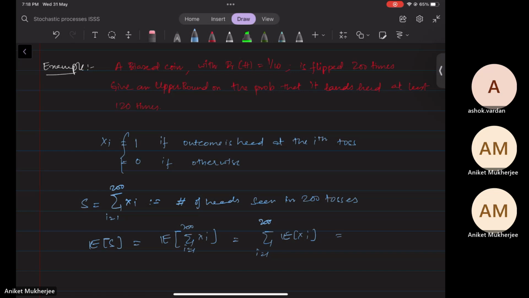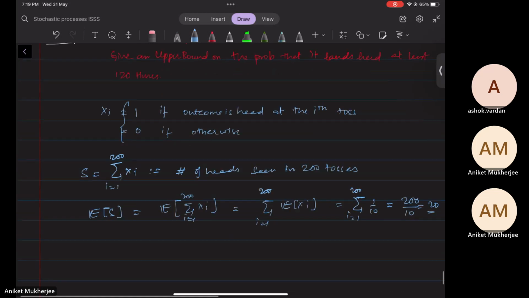So this is summation i equal to 1 to 200 of 1 by 10, which is 200 times 1 by 10, 20. So the expected number of heads you see in the 200 tosses is 20.